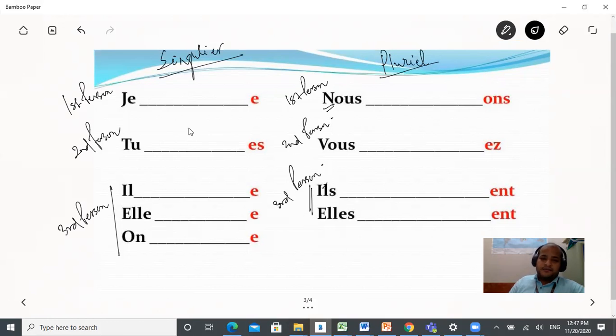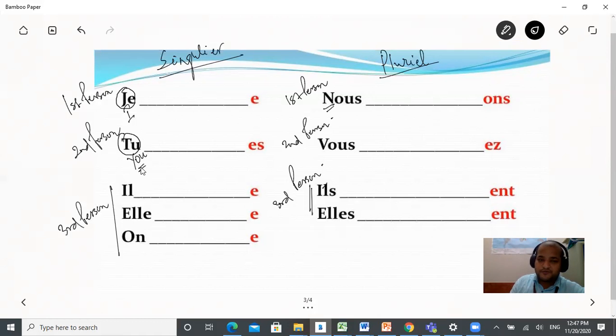Okay, first of all, we'll learn the meanings of these subject pronouns. Je is I, in Hindi, मैं. Tu is you, as tum in Hindi, and it is singular.